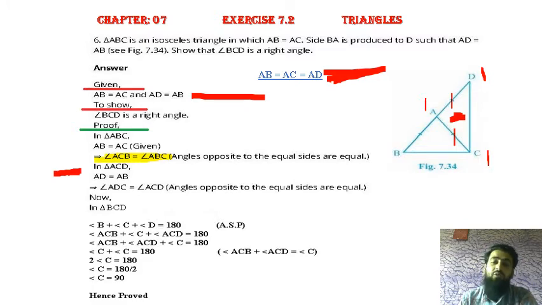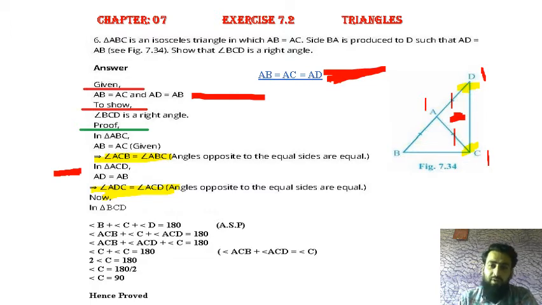Again, if two sides are equal, then what about the angles opposite to them? Yes, the angles opposite to these two sides will also be equal. That is, angle D and angle C will be equal to each other, or angle ADC, which is simply angle D, and angle ACD are equal, and the reason is angles opposite to equal sides are equal.